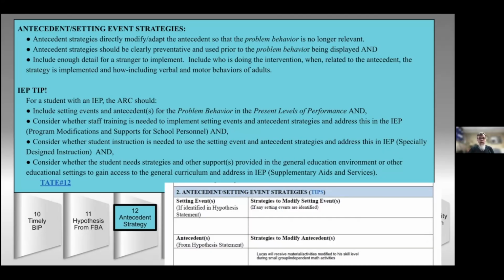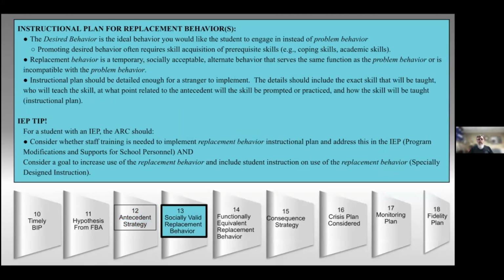So next thing that we want to do is think about what is a socially valid replacement behavior. Replacement behaviors are those things that we can live with momentarily until the student has perfected, or has not really perfected, but uses that replacement behavior routinely. Then we guide them a little bit closer to the expected or desired behavior.